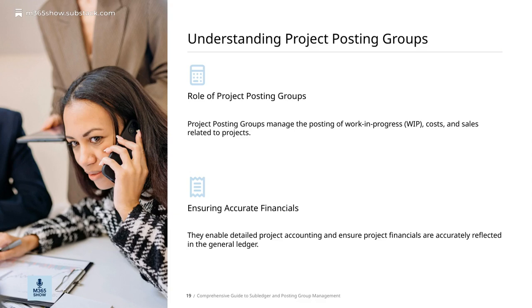Proper setup and management of these groups ensure that our WIP, costs, and sales are correctly posted, giving us a clear picture of project profitability and progress. Overall, these components are vital for maintaining accurate, detailed project accounting, which ties back to our goal of having a transparent and reliable financial system.